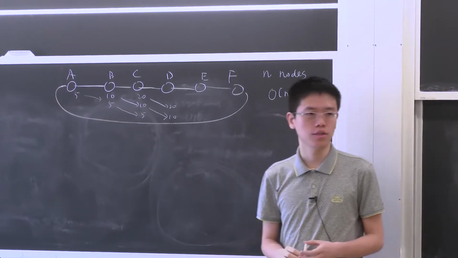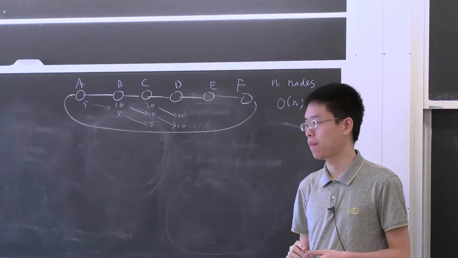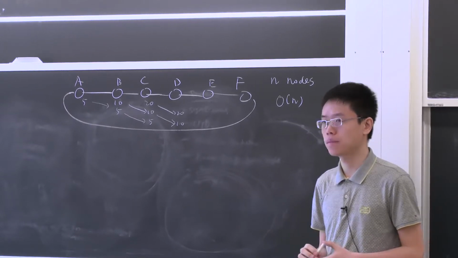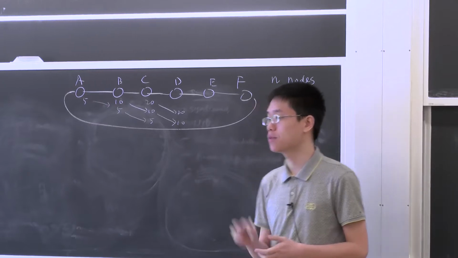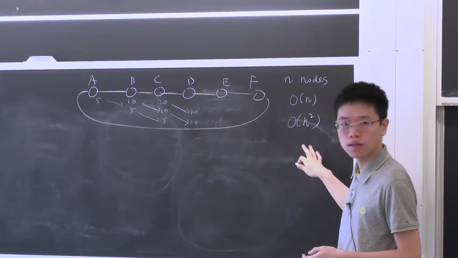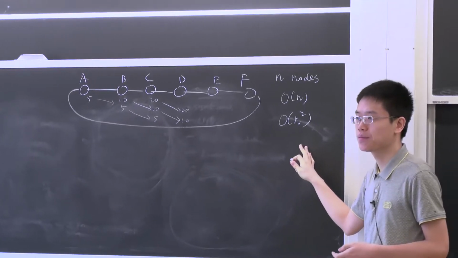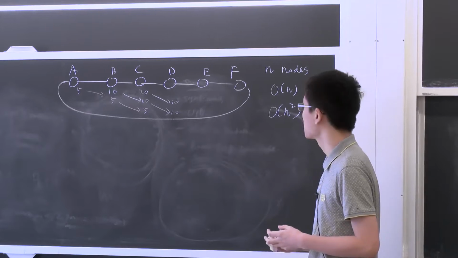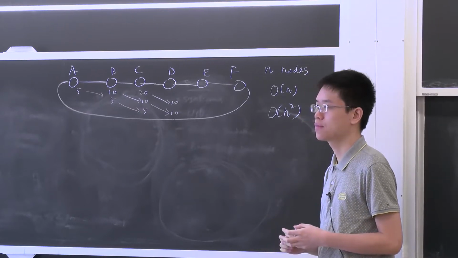So how many messages are sent in total? N squared. Yep. Is that obvious to everyone? Or can you give an explanation? Yeah, at each round, everyone sends a message to its neighbors, right?